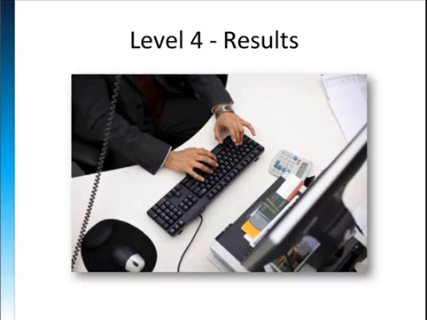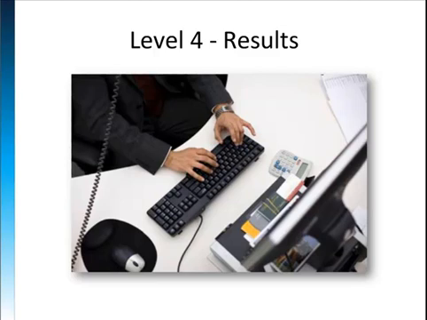This is all about the results of the training on the organization. So, were there decreased costs as expected? Is there increased efficiency? Or is morale better? Of course, this result is based on the content of the training program itself. But some critics say it's very difficult to measure cause and effect in this way.